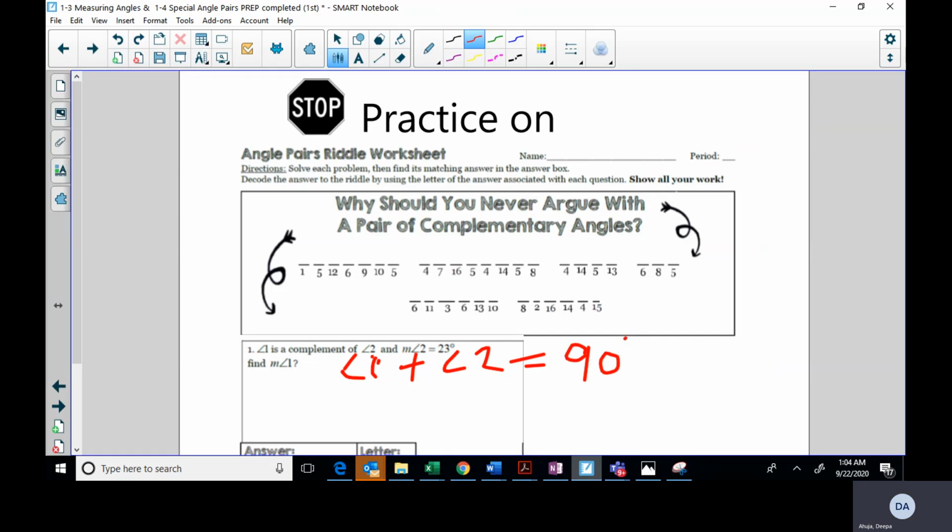Now you can solve it. You have the measure of angle 2 given as 23. Solve it like an equation and you can get the answer.